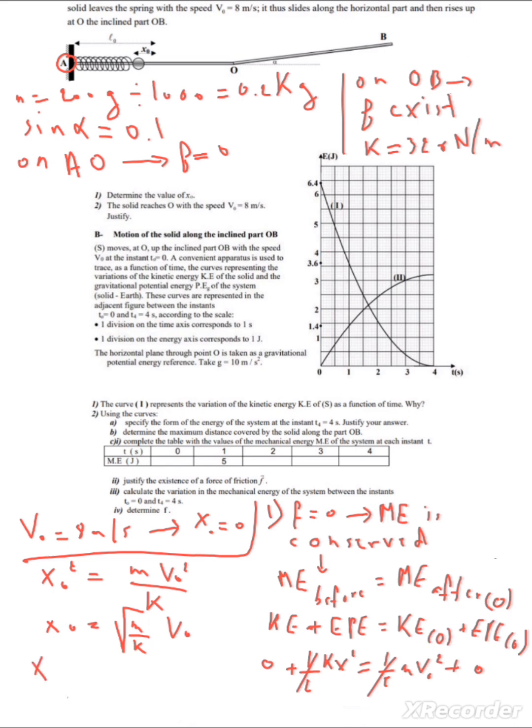So x0 equals 8 radical 0.2 over 320, equal to 0.2 meter. Okay, this is the first part.